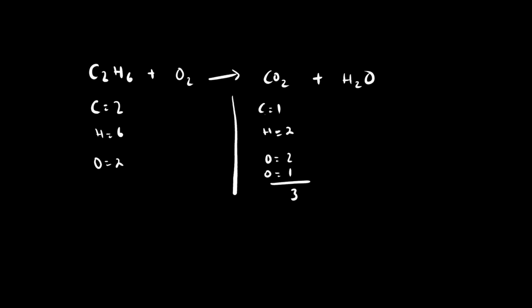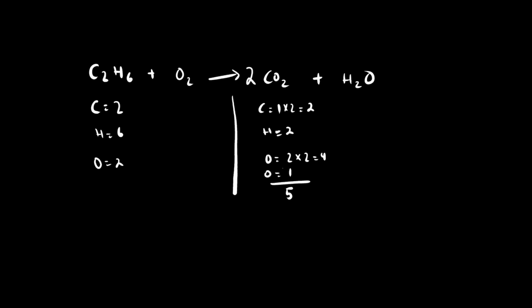So let's introduce a coefficient of 2 in front of the CO2. And so now we have 2 carbon on the right and a total now of 5 oxygen on the right. Moving on to the hydrogen, we have 6 on the left, 2 on the right.